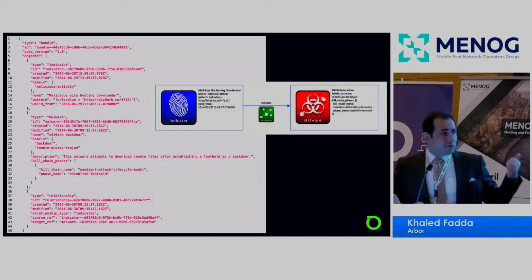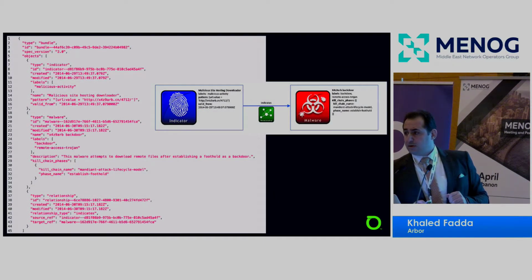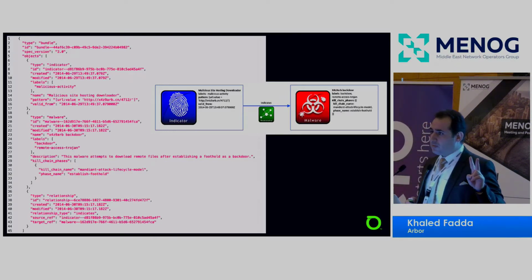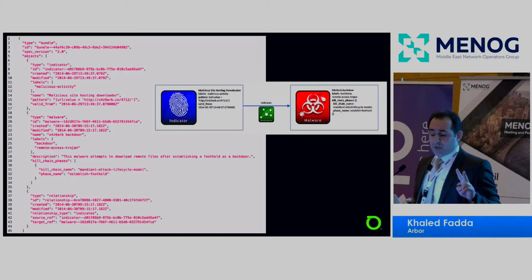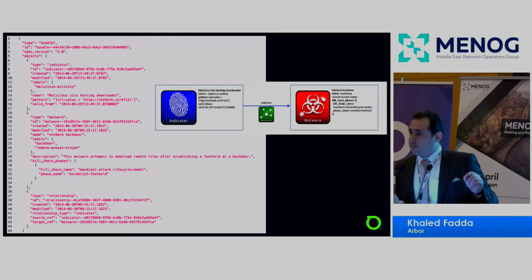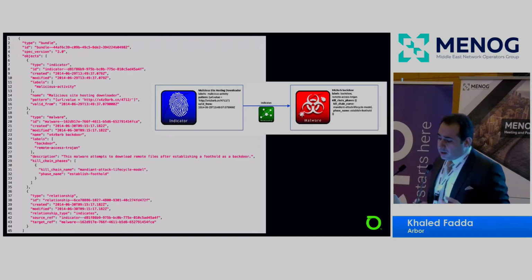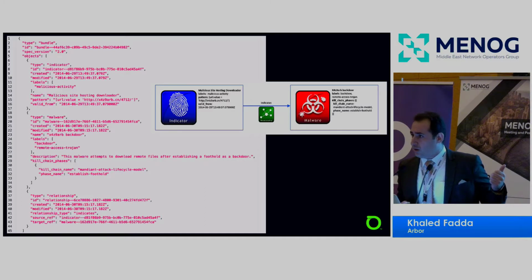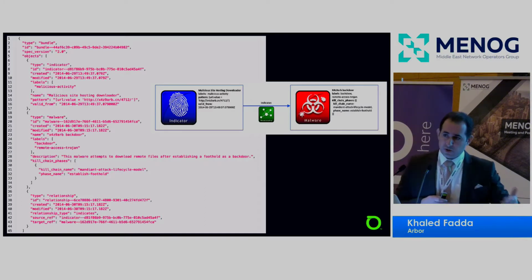So this is an example of IOCs. In this slide, you can see two IOCs linked to each other. The first one, the blue one, is the indicator. If you read the indicator, you're going to see that we have a URL. It's a malicious URL. Somebody is trying to contact that URL.